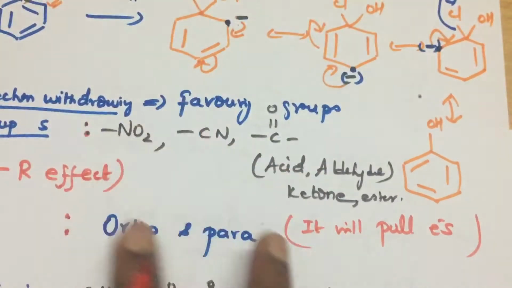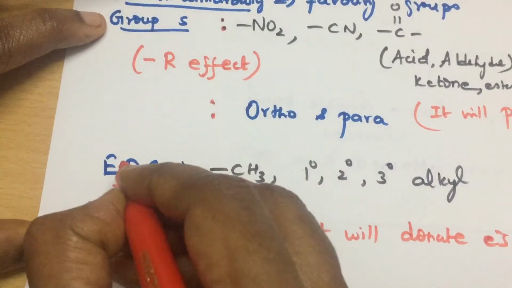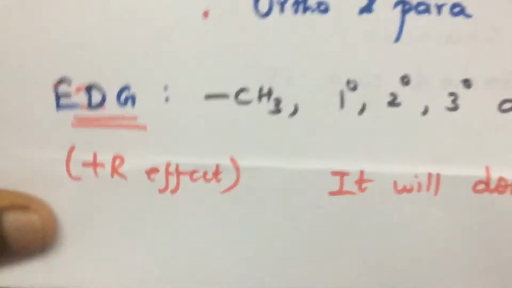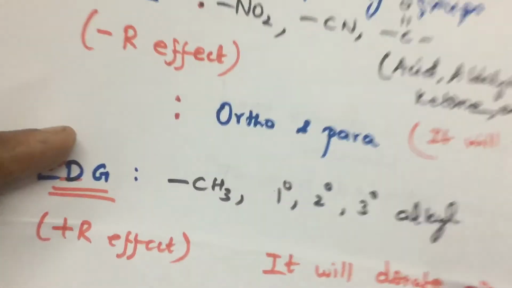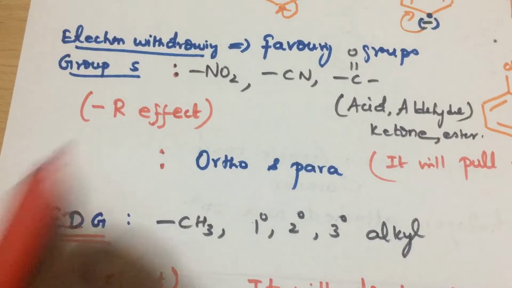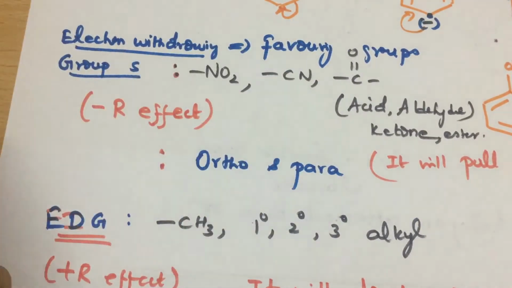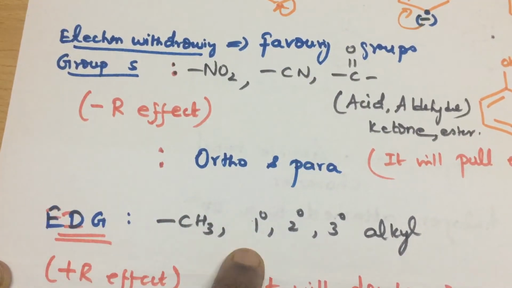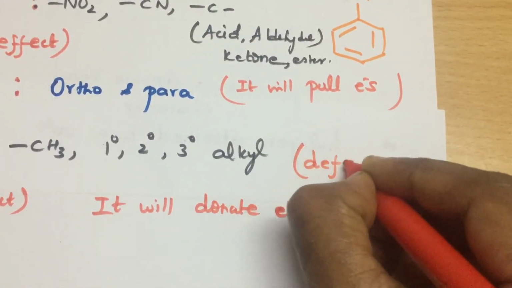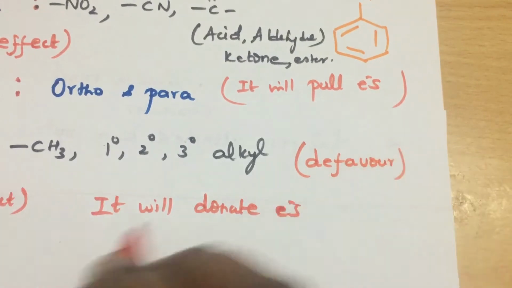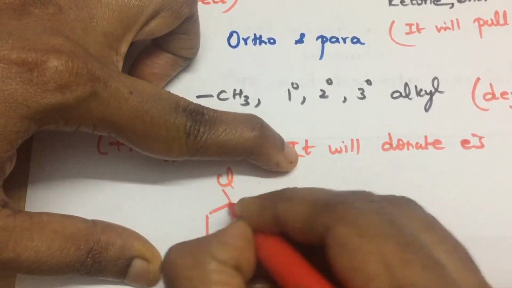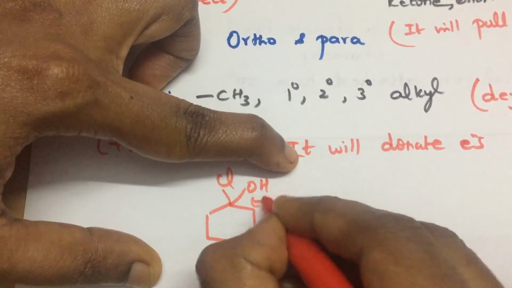So in this reaction, the donating groups, what are they going to do? Are they going to favor? No, they are going to defavor. We are talking about a particular reaction only, the substitution reaction of chlorobenzene. For this particular reaction, the electron donating groups are going to defavor the mechanism. So imagine in this position, chlorine, there is a surplus of electron density.